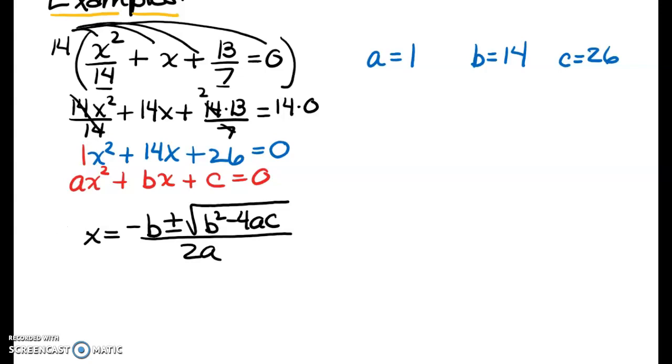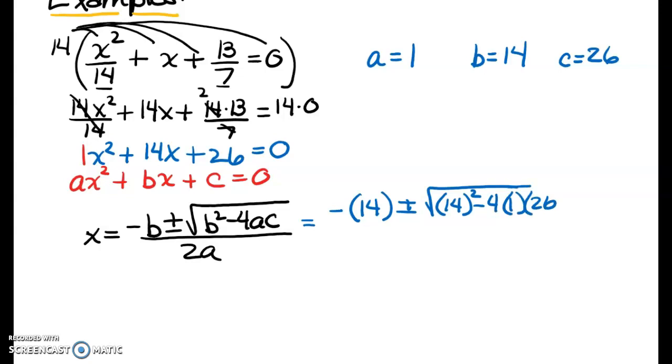Okay, so let's go ahead and substitute our values in. We have negative times 14 plus or minus the square root of 14 squared minus 4 times 1 times 26, all over 2 times 1.